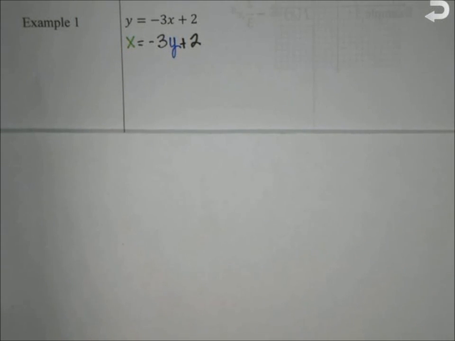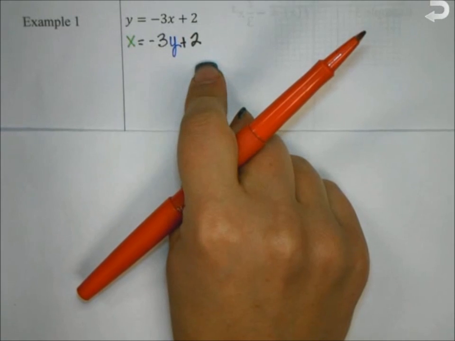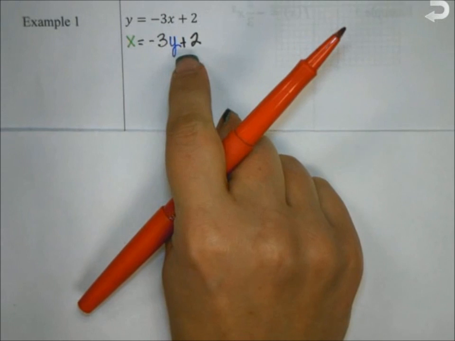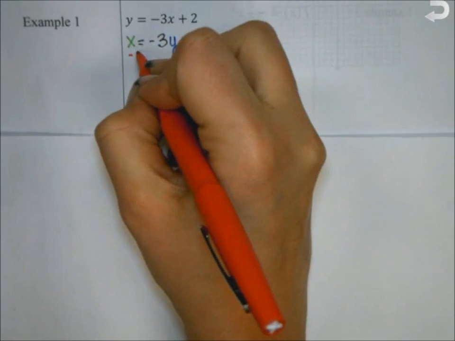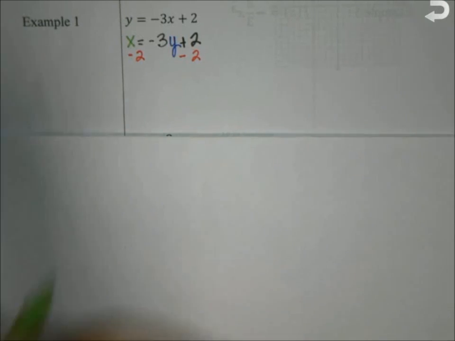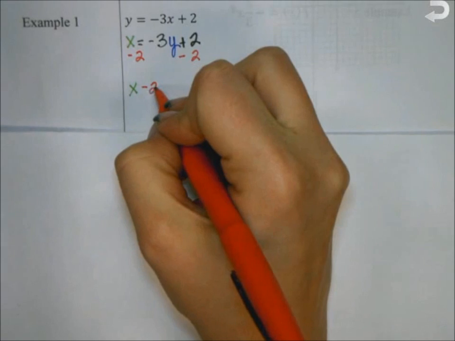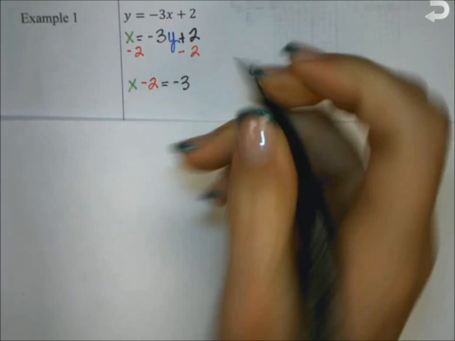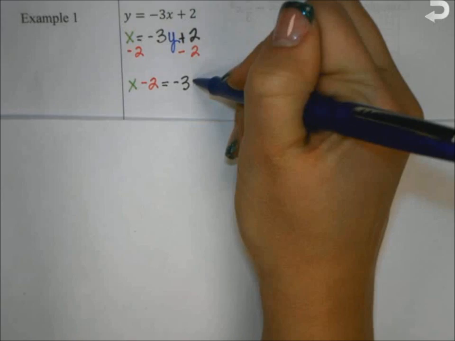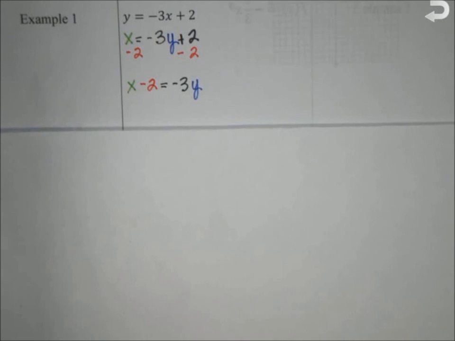So how do we solve for this? What should be my first step in solving? Very good. I subtract 2 from both sides. So that's going to give me x minus 2 equals -3y. And then I want to solve for y. What do I do then? Good, divide by -3.